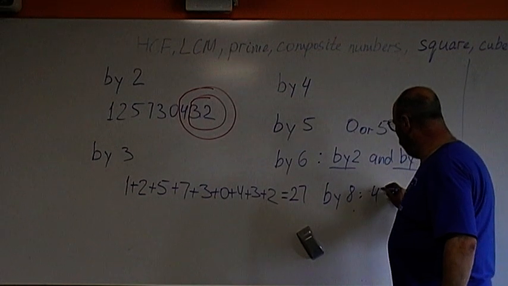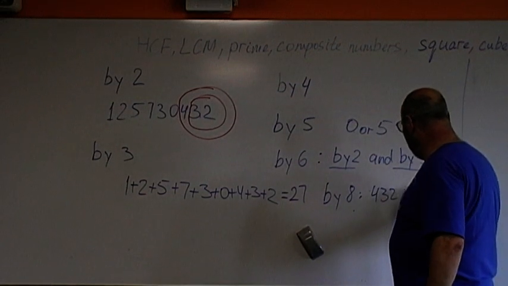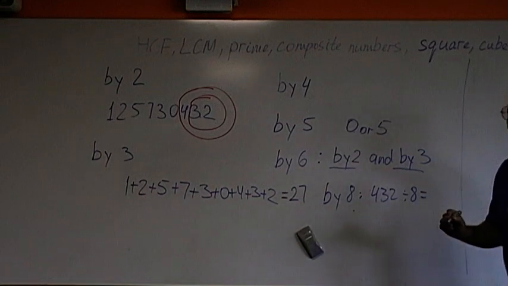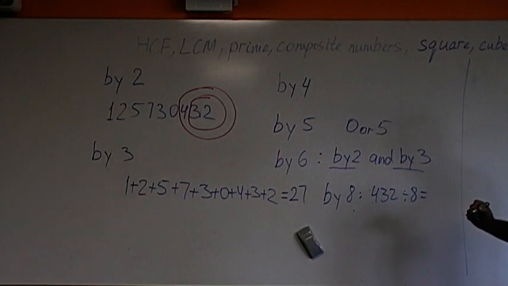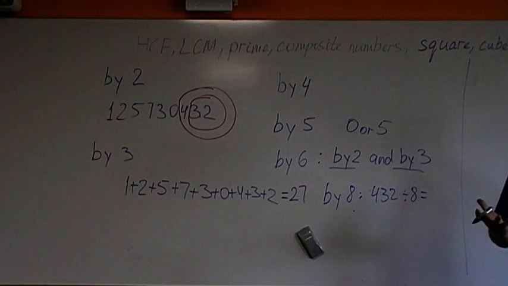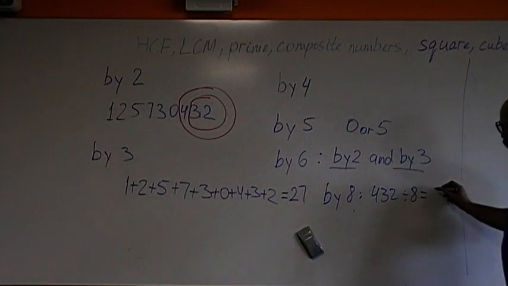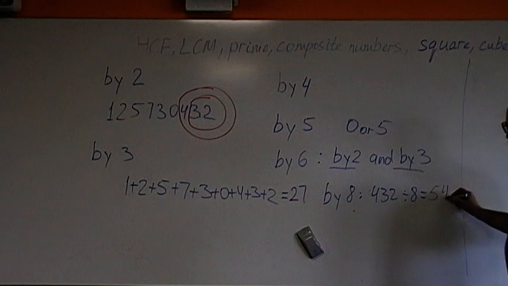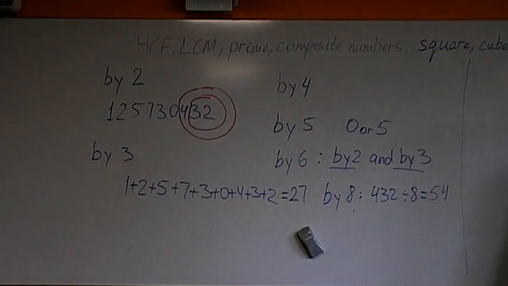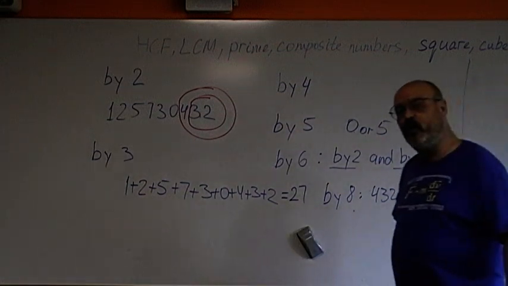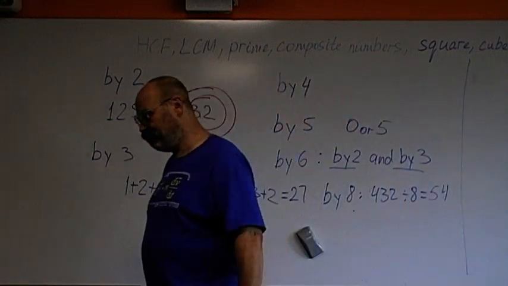Yes. 432 divided by 8, what is it equal to? 54. Yes, 54, well done. So, as the last 3 digits are divisible by 8, the whole number is divisible by 8.